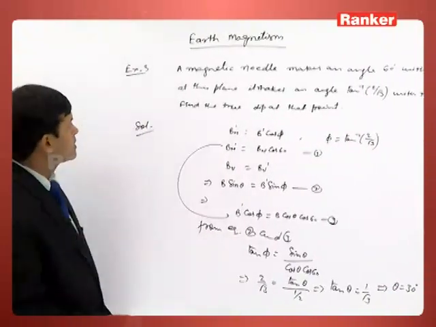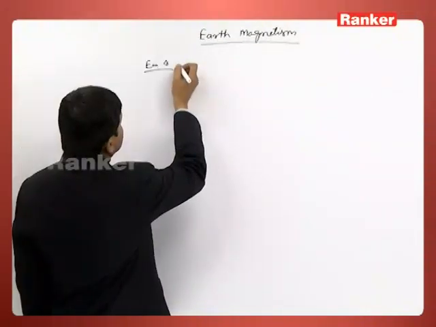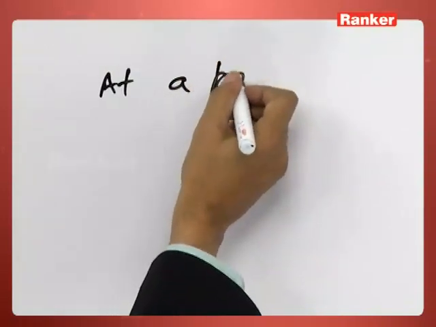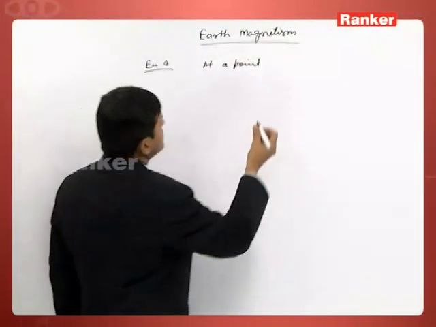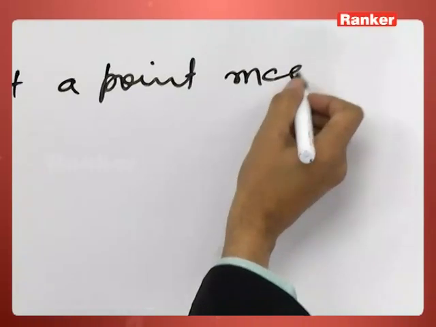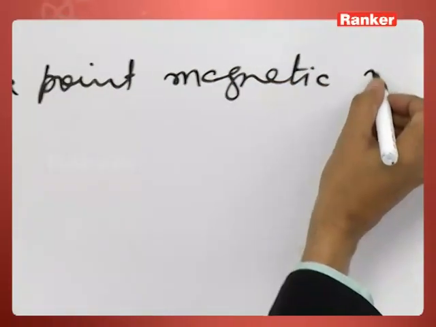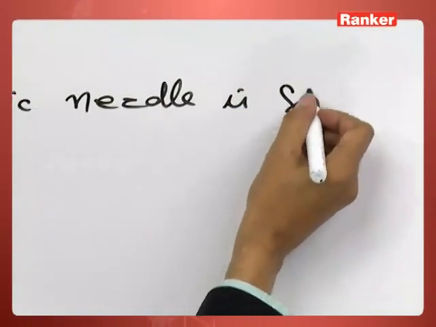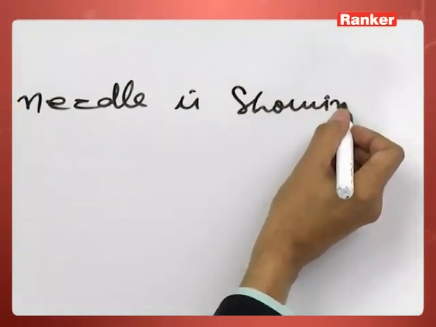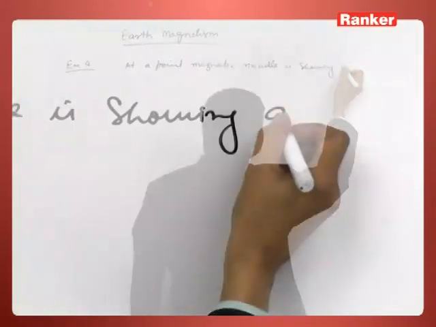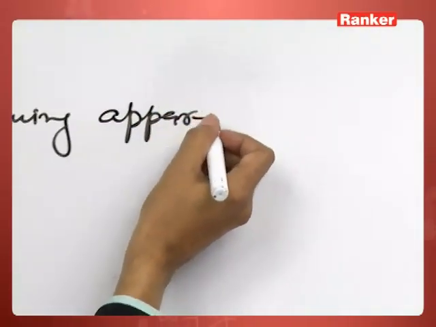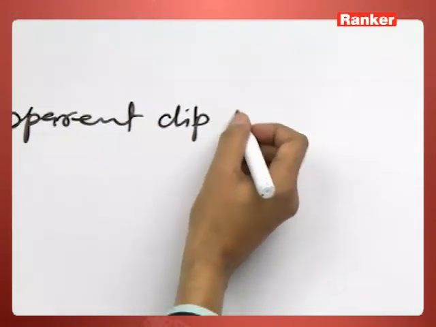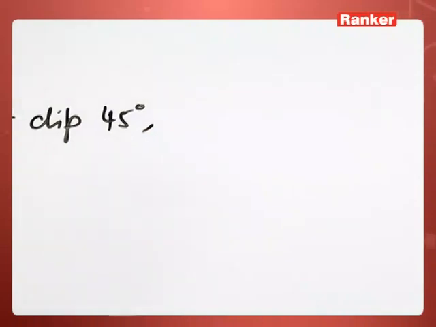This is one of the questions here. See another example. At a point, the magnetic needle is showing an apparent dip of 45 degree.